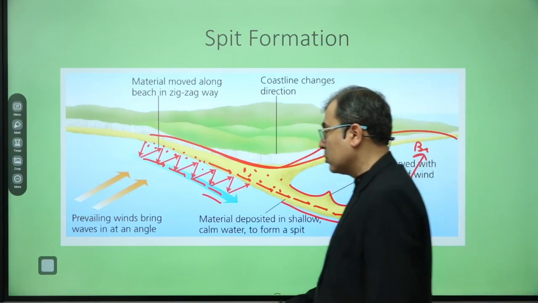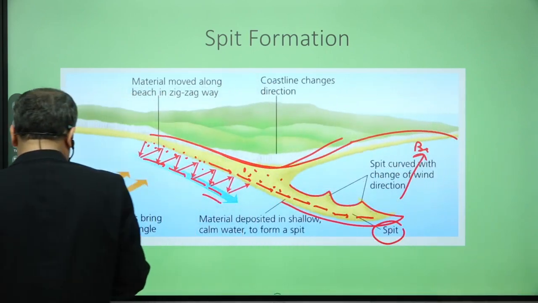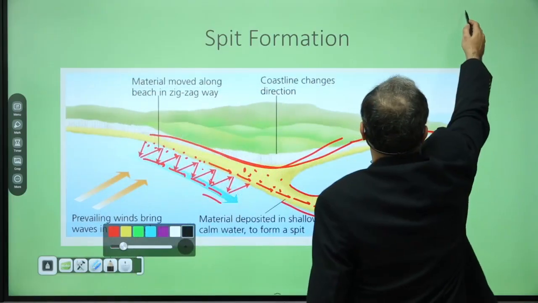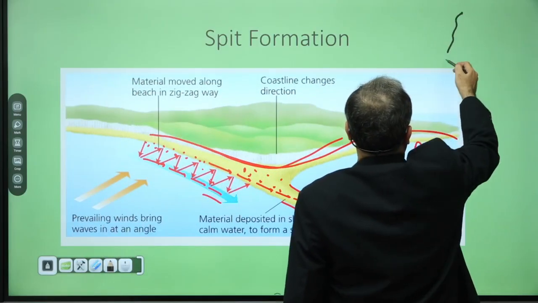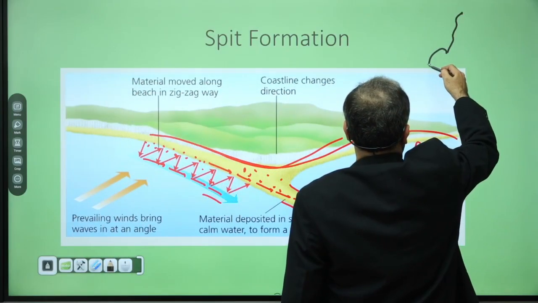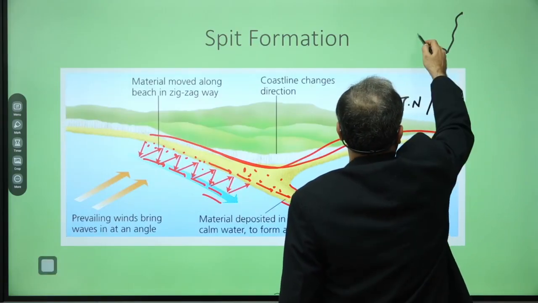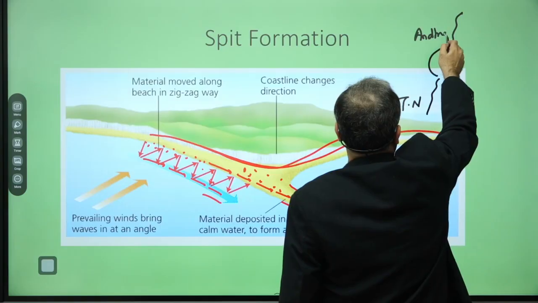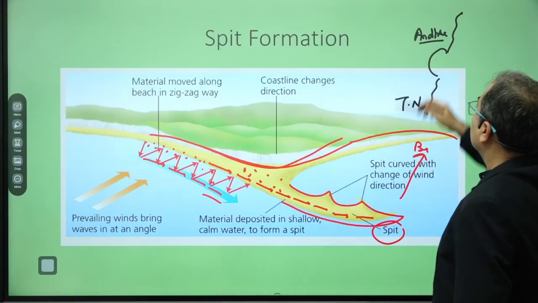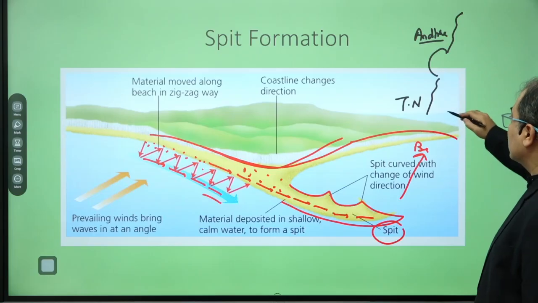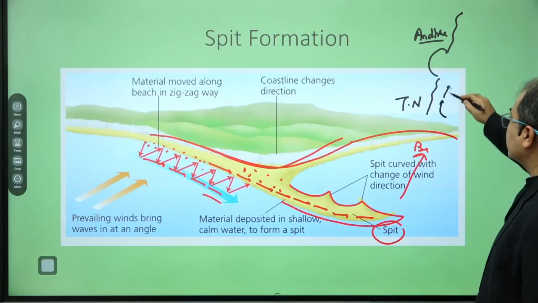Yes. So just to give you an example, in real world, this is the coast of Andhra Pradesh. Here we have a lake called Chilka Lake, and here we have Tamil Nadu, Andhra. Get that? And here we have the Chilka Lake. Now the longshore drift is working like this.